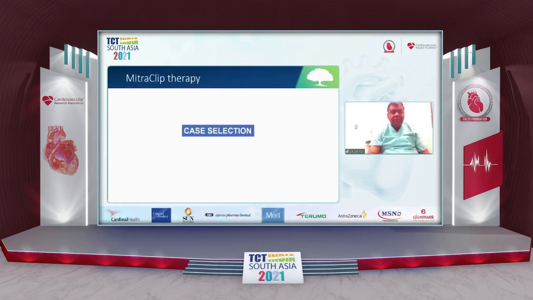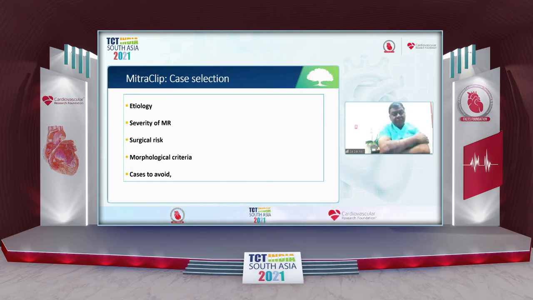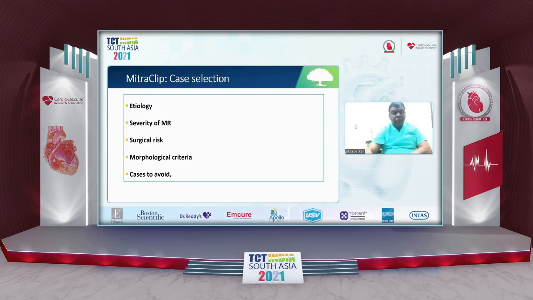Now, with these in mind, I'd like to say a few words about case selection. When you do a case selection, it's important to do a full assessment: etiology, severity of MR, surgical risk, the morphological criteria, and finally, which cases to avoid. I do not want to go over the severity, I just told you.